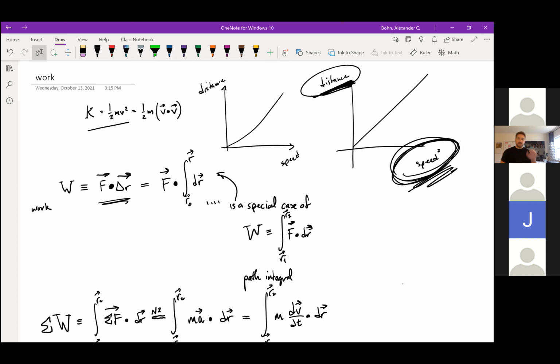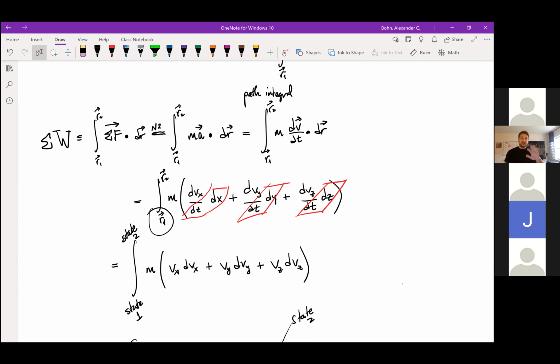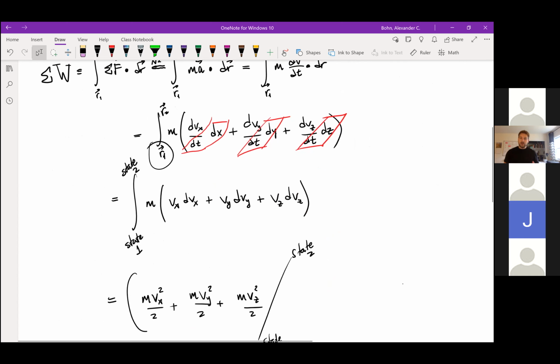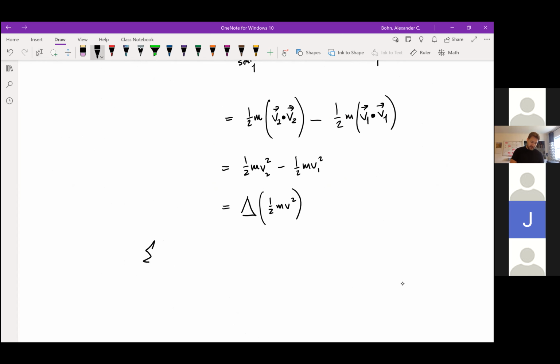No assumptions about the constancy of the force, no assumptions about the relative orientations of anything, no assumptions about needing to not worry about the vector nature. We have accounted for all the pieces, and we have proven, according to our definitions, that the net work must be equal to the change in the kinetic energy of a thing.